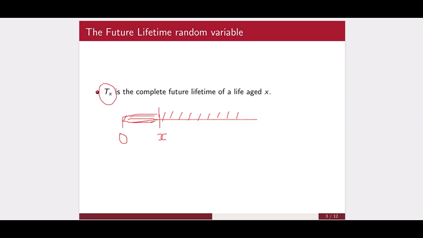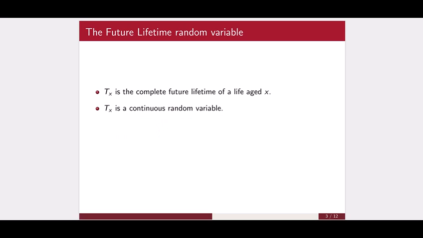But from this point of age x up to some point in the future, we do not know that this person will actually survive those years. That's what makes this future lifetime a random variable.